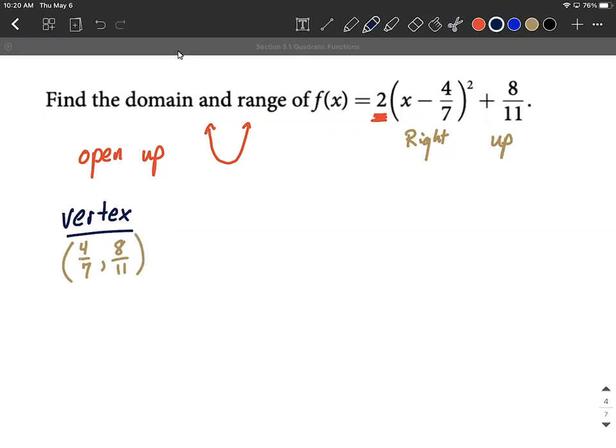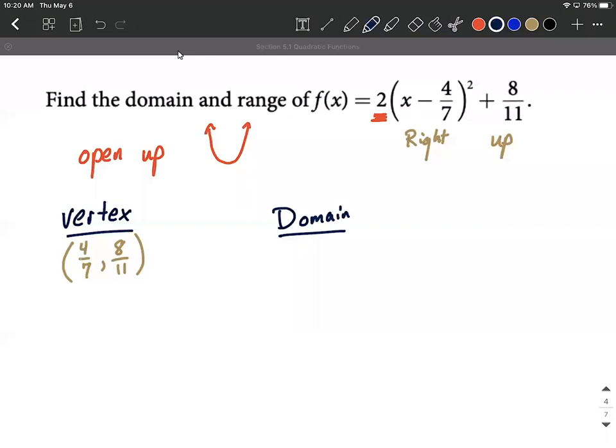Now let's try to answer the question about domain and range. The domain on this, because it's a quadratic function or a polynomial function, there aren't any restrictions as far as what we're allowed to plug in for our x values. You may get a restriction if you have a square root or a variable in a denominator, but neither of those happen in this situation.